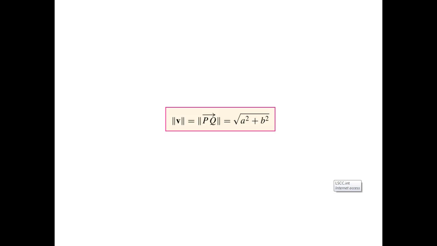If it was an n-dimensional vector, which we can't draw, but you can conceive of it, that would be the square root of a1 squared plus a2 squared plus a3 squared up to an squared. So that's the definition of the magnitude of a vector: the square root of the sum of the squares of their components.